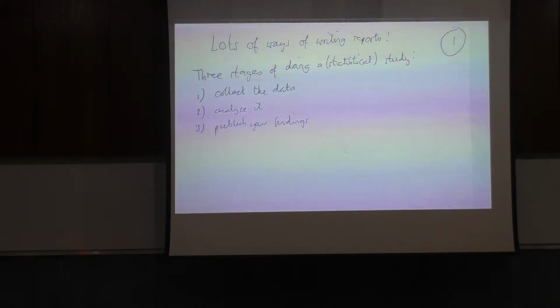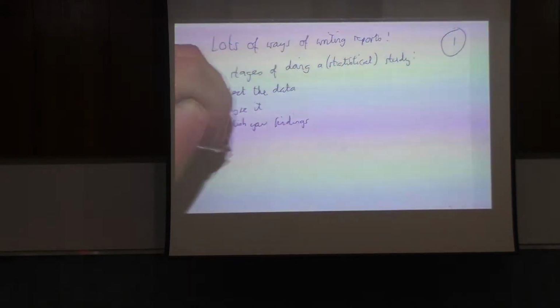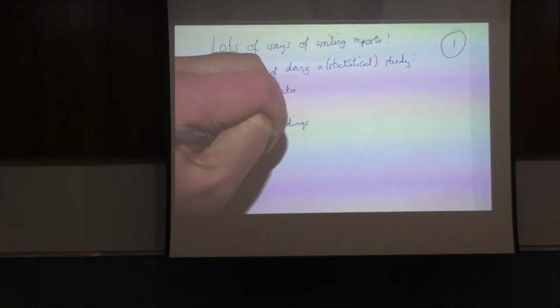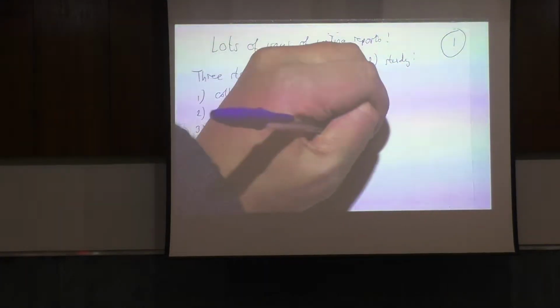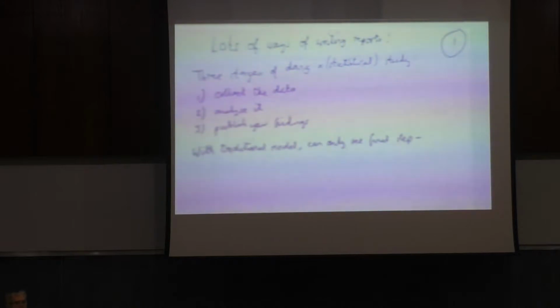With the traditional model of academic publishing, it's only that final step that you can really see. So you can only see that final published version.